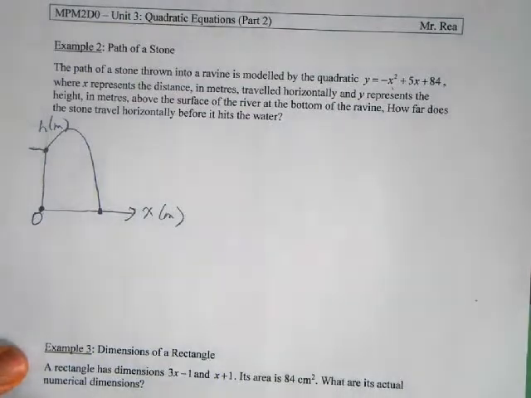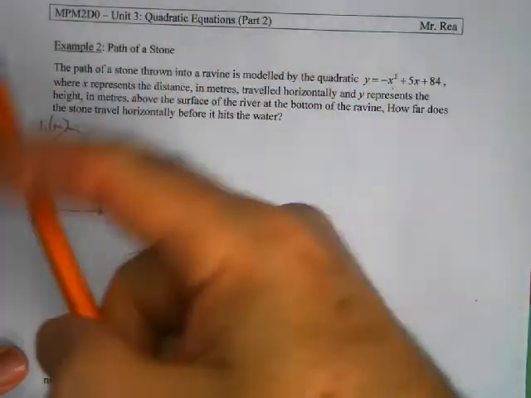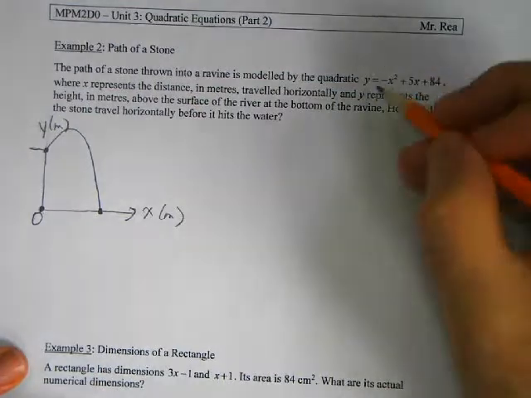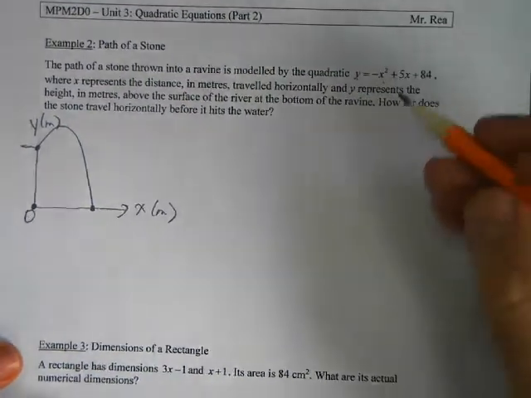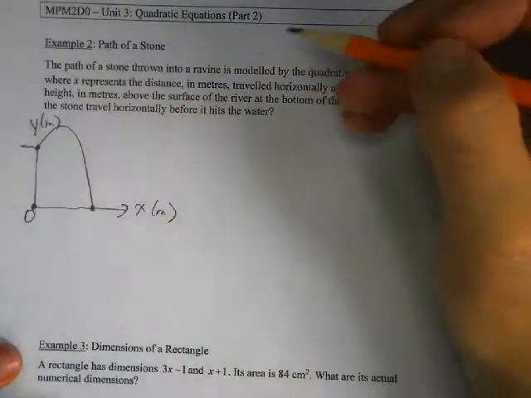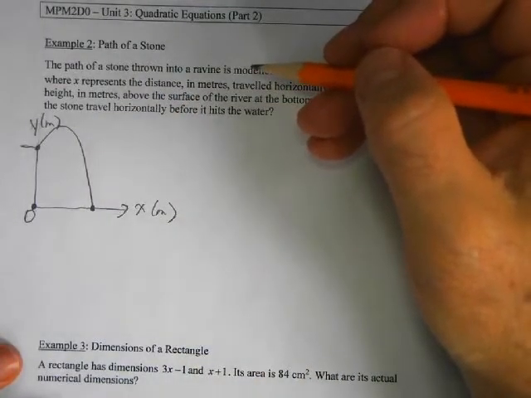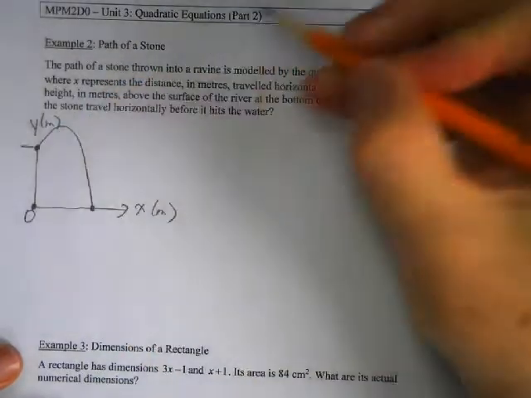Actually that was not h, that was y, but it's really measuring the height. A lot of times they'll put an h here for the height. So when I look at this picture and think about a parabola, I can think about three important points here. This would be the y-intercept.